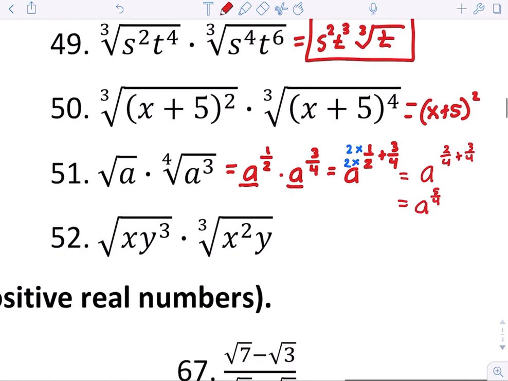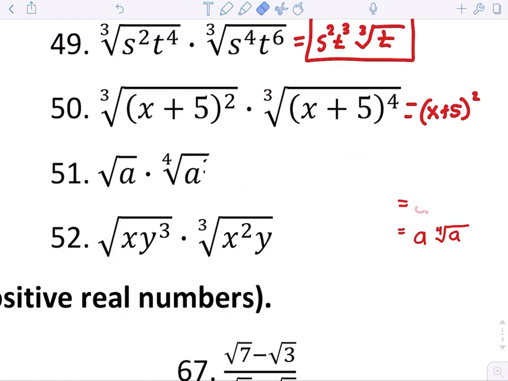Now 4 goes into 5 one time, so that means we're gonna have 1a on the outside, and we're gonna have the 4th root of a. Right? 4 goes into 5 one time, and there's going to be a remainder. So the remainder is 1, a to the 4th root. And that should be your guys' answer.